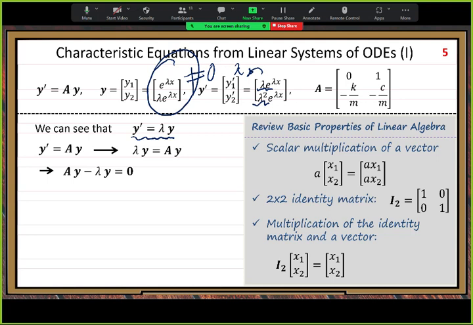That's the nice thing about the identity matrix. Why do I introduce it? Because here I need to do an operation, and we need to follow special linear algebra rules. We know we cannot do cancellation, as I just said, but can we do factorization? Can we factor y out?